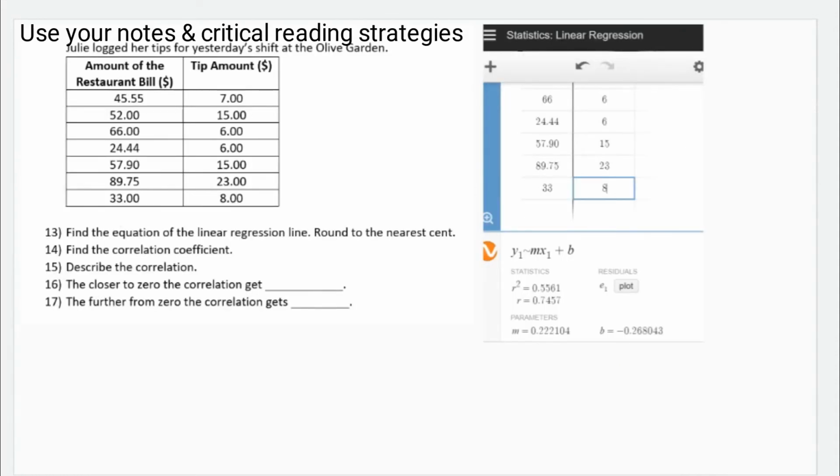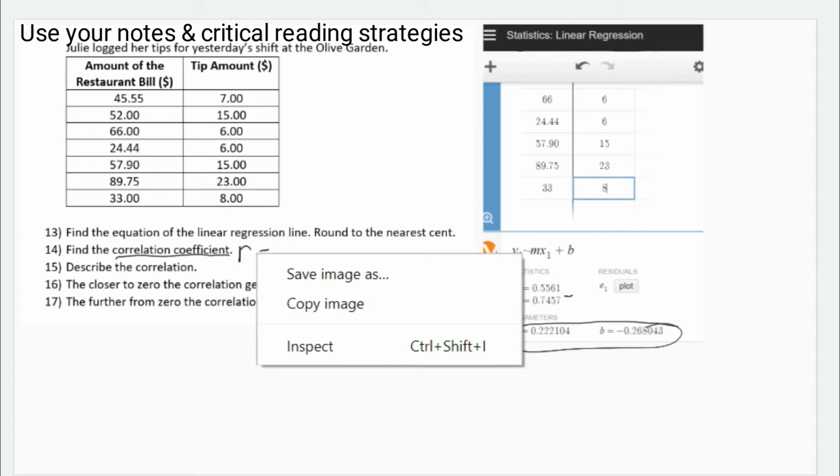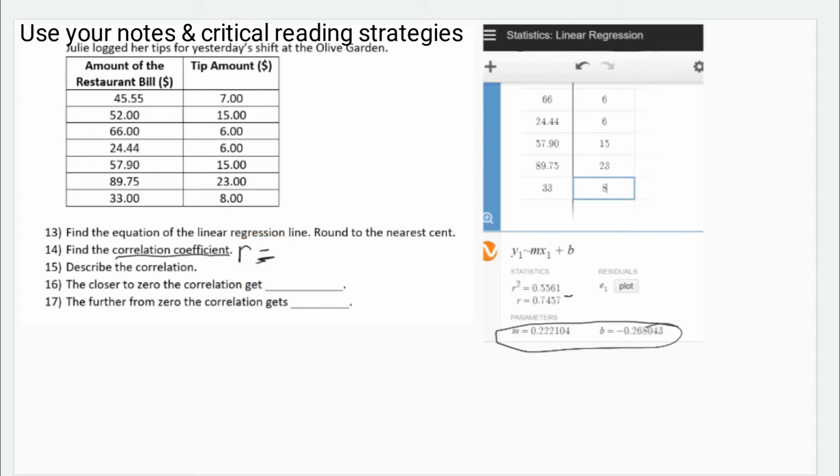Okay, next one. So this one, again, I use Desmos. So let's find the equation of linear regression. So I'm going to use y is equal to mx plus b. Find the correlation coefficient, that is r. So that is right here. So r is equal to 0.746 because we were rounding to the hundredths place.